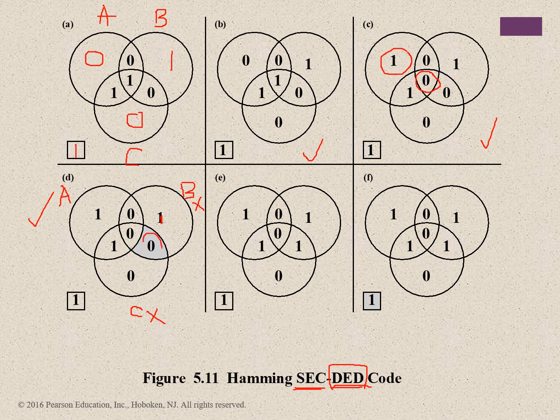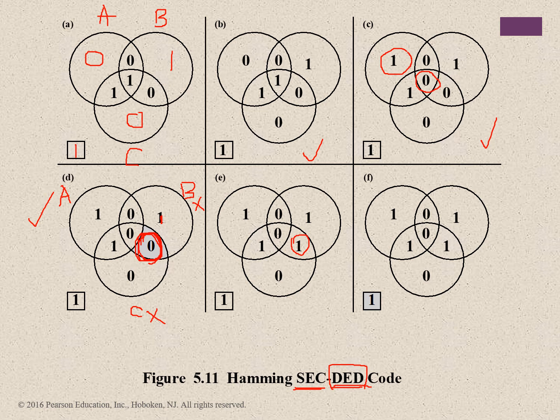This is the common compartment for circles B and C. So we think circle B has a wrong number of ones, and circle C doesn't contain an even number of ones either. So we assume the common data bit is the error bit, and we change it to 1.